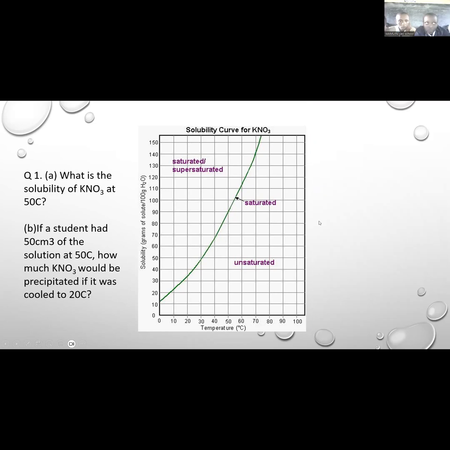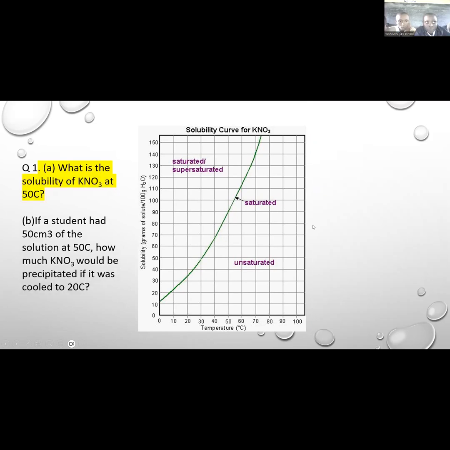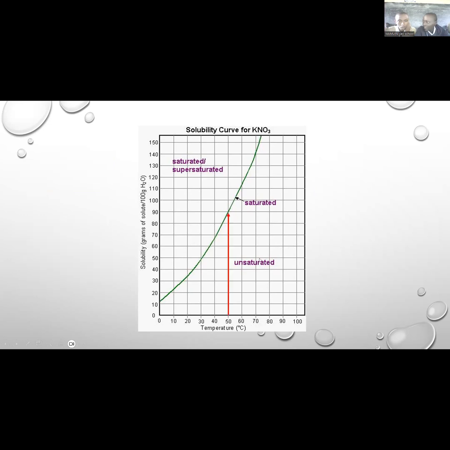Okay, this is how I do it. I'm going to look at the first bit, which is question 1A. What is the solubility of KNO3 at 50? Well, I think you can guess. I just draw a line from 50 up to the curved line and across, and that tells me it's about 90, according to this graph.